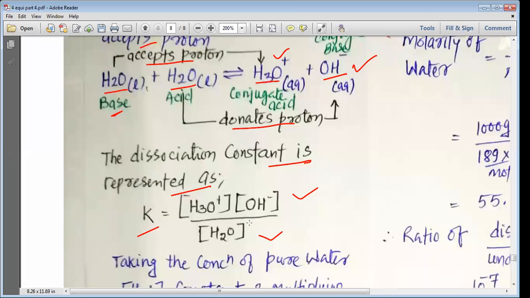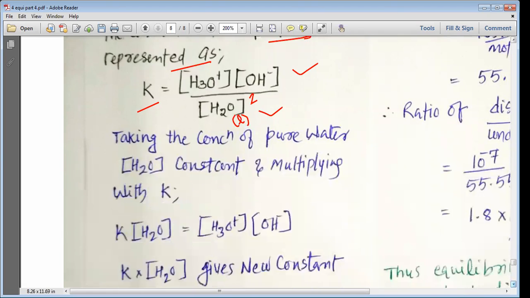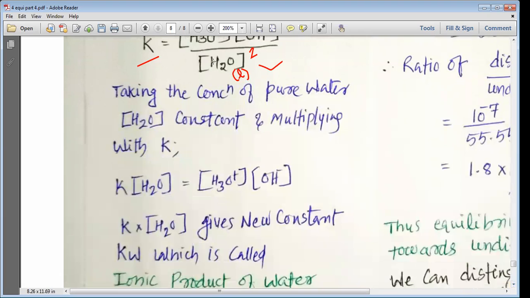You can even put a square here because you have two molecules of H2O. But remember that it is in the liquid state, and that is why its concentration is either considered a constant or considered as unity. So for this H2O square, we can write K into H2O square, my dear students.